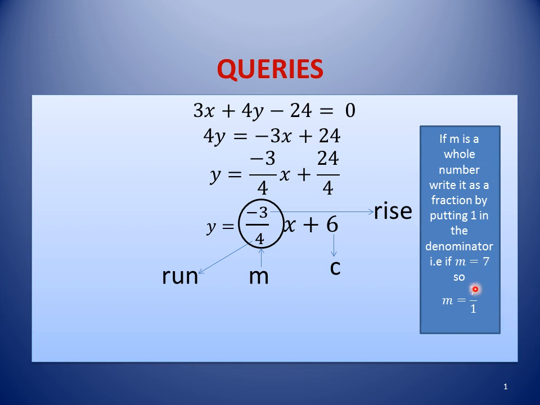If this is negative, then it will be minus 7 over 1. So if the gradient is a whole number, write it in the form of a fraction. If there is no constant term, you can take c as 0. So this is how we write the gradient intercept form and how we take its rise and run.